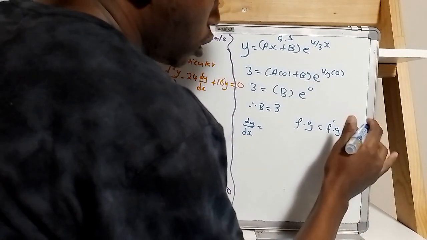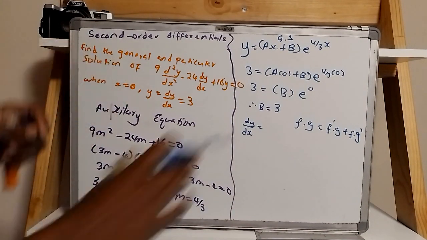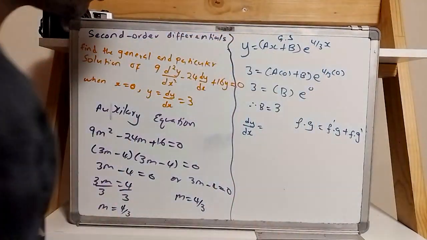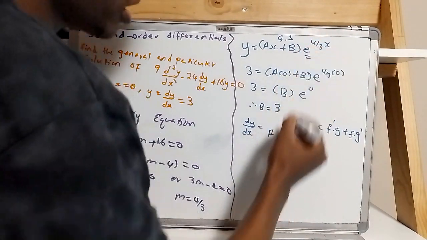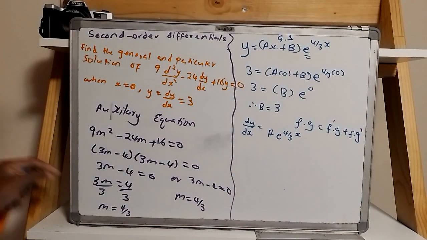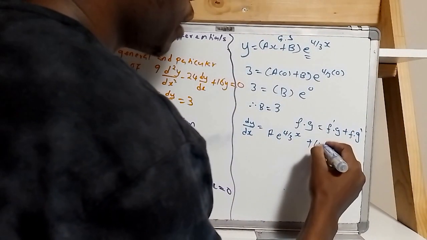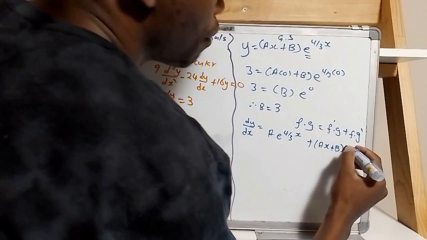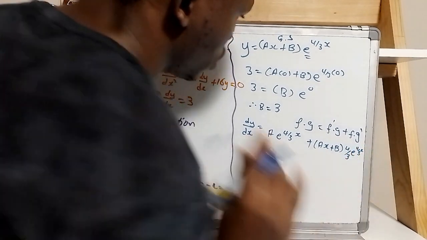So when I differentiate ax plus b, I will have a, keeping this constant, e to the power 4 over 3 x. Now keeping this one constant, I still have ax plus b, and when I differentiate this one, I'll have 4 over 3 e to the power 4 over 3 x.